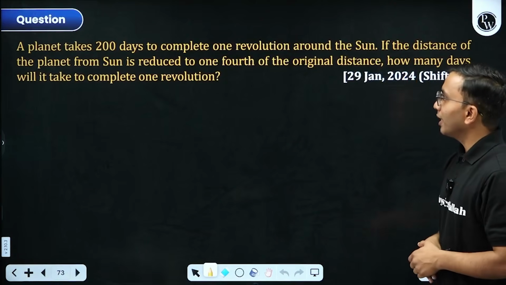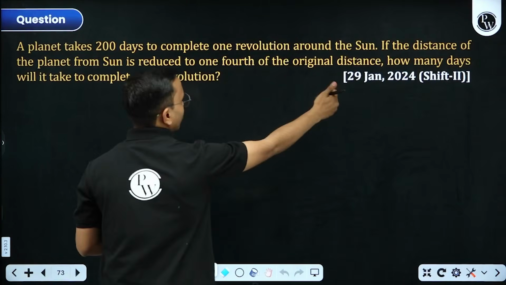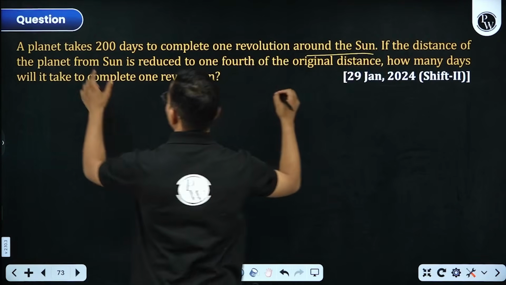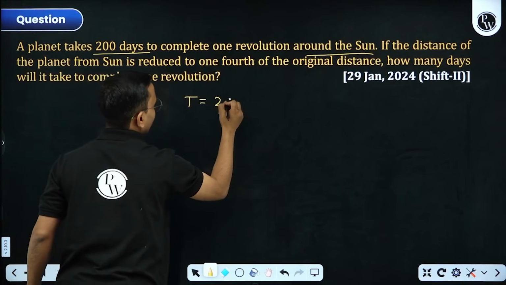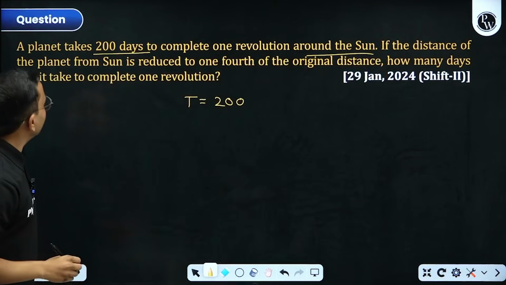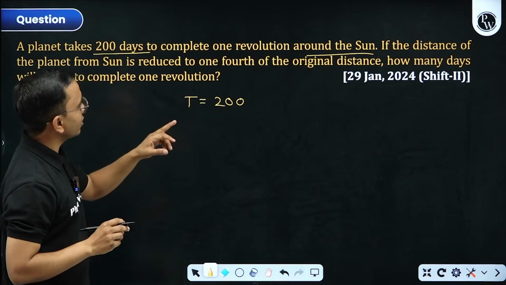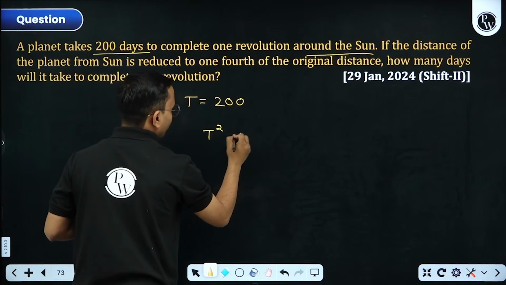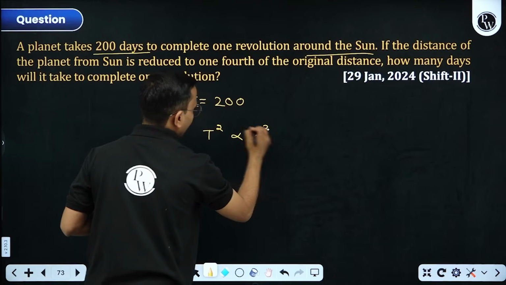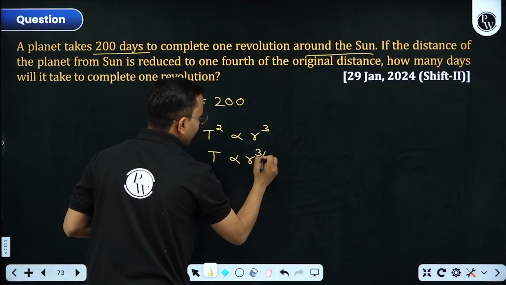Coming to question, a planet takes 200 days to complete one revolution around the sun. One revolution around the sun means time period is 200. If the distance of the planet from the sun is reduced to 1/4 of the original distance, how many days will it take? Now T square proportional to r cube, or I can say T proportional to r to the power 3 by 2.